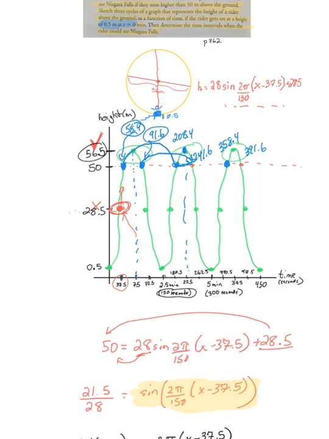All right, so it's asking you to determine the time intervals where the rider can see Niagara Falls.